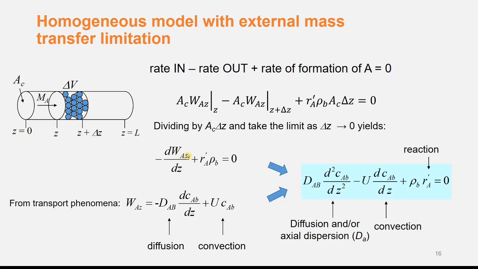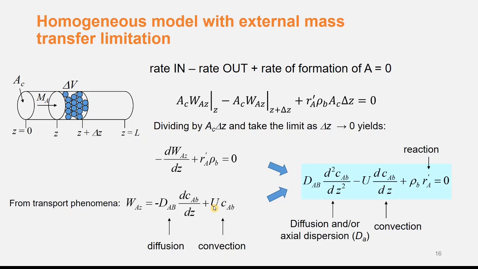The molar flux of A has two components: diffusion, given by Fick's law, and convection. Convection is the transport of matter due to the bulk motion of the fluid.